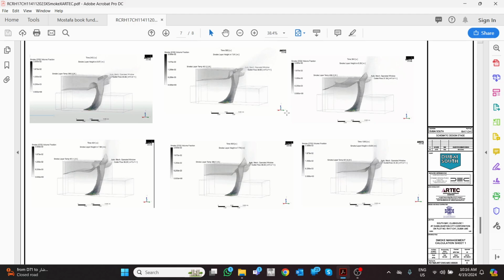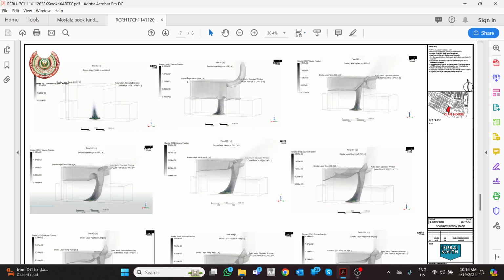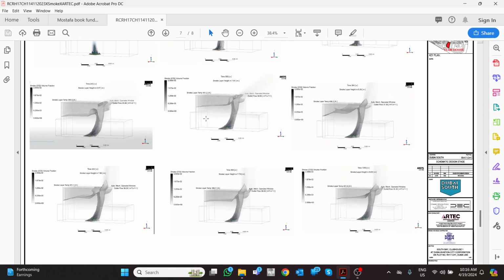By the way, in this simulation you can see it starts accumulating very hot, then the flow rate is small, then the flow rate starts to get bigger, then it goes way up, then it becomes colder, then it starts to reduce again as the smoke layer reaches the steady state condition.